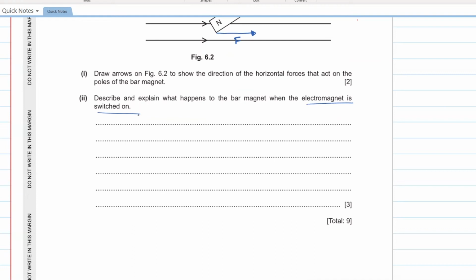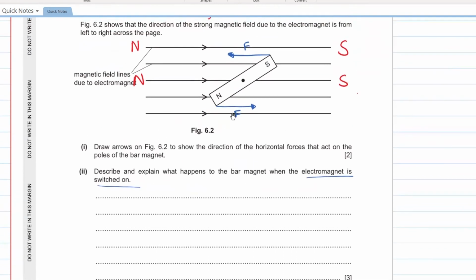Now, if you have studied a little physics, you will know what will happen to the bar magnet when the electromagnet is switched on. Can you see these two forces will generate a moment? Yes.